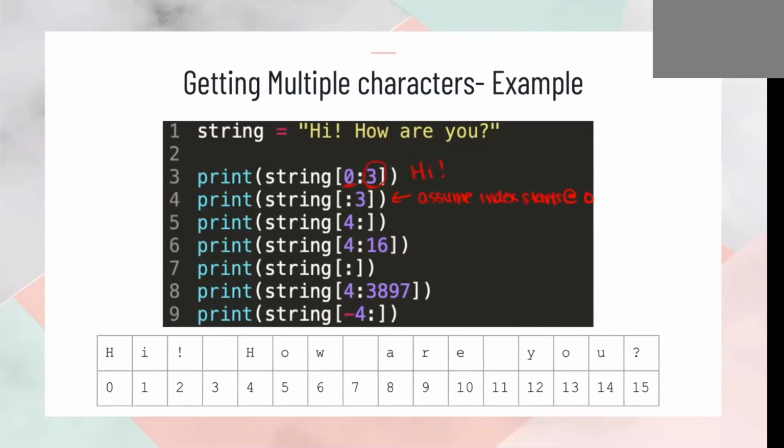Hi is going to print here also. We start from 0 because there's nothing here. That means start at 0. Then we go all the way up to, but not including 3, so hi will print out again. So these two are equivalent to each other.